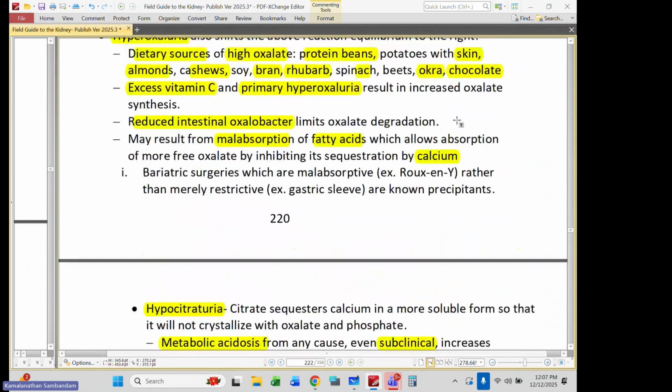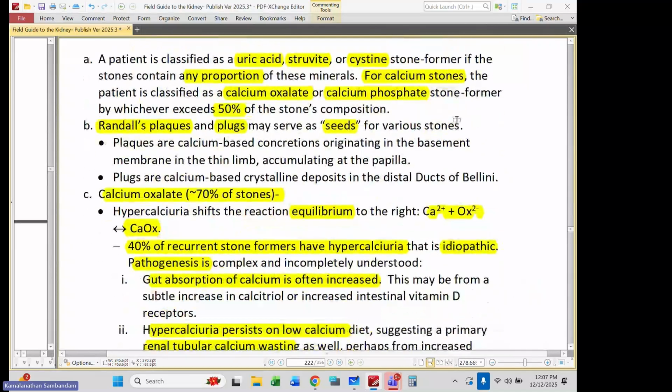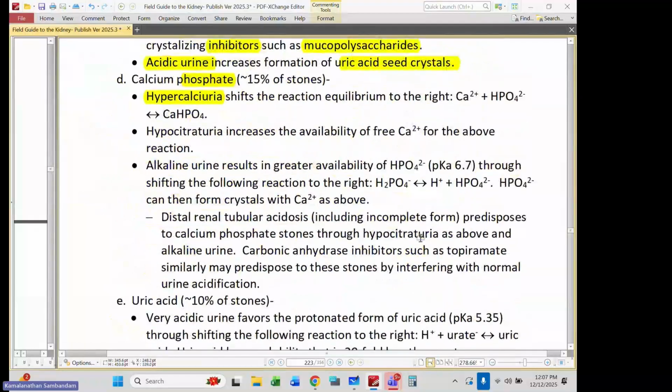You'll recall that for calcium oxalate stones, we have the equilibrium reaction represented here, calcium plus oxalate forming calcium oxalate. And so we have a different equilibrium that is center stage, calcium plus a divalent phosphate forming calcium phosphate.